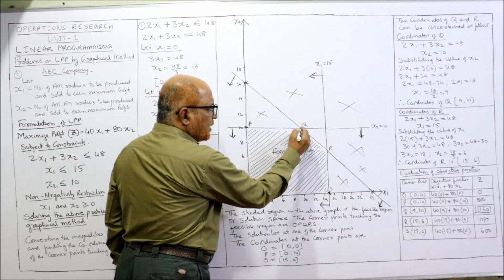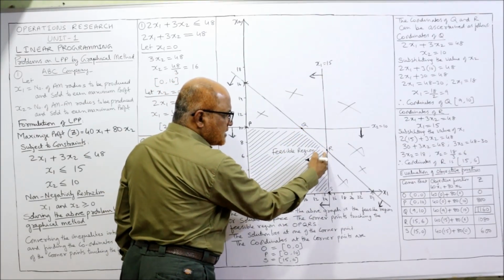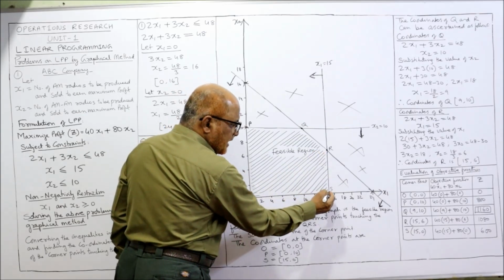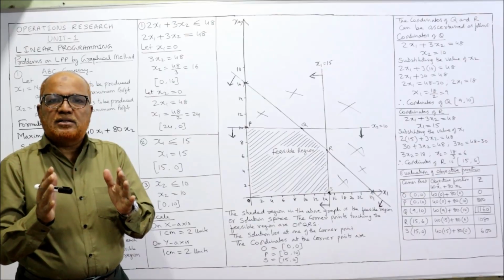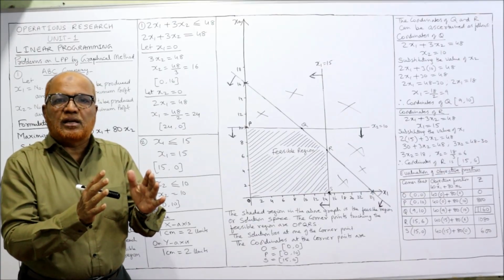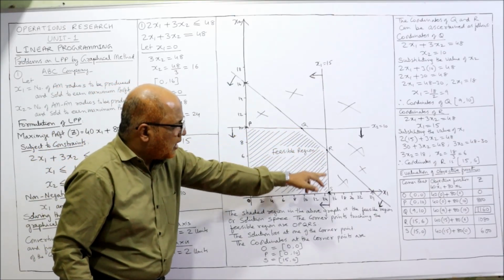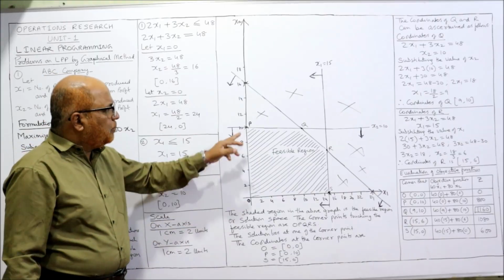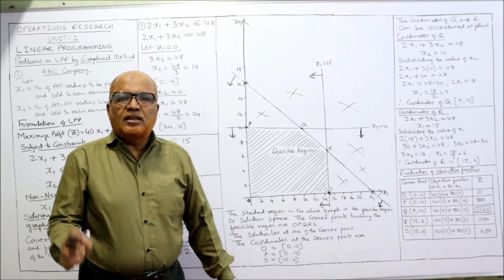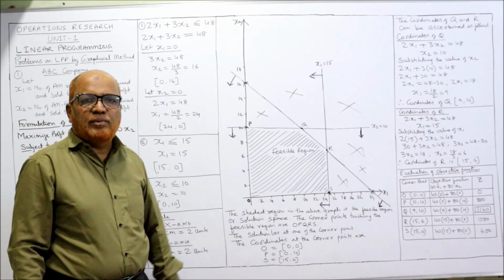This is Q, and R, and S. So the corner points touching the feasible region are O, P, Q, R, S. You can give any names. These are the corner points which touch the feasible region.